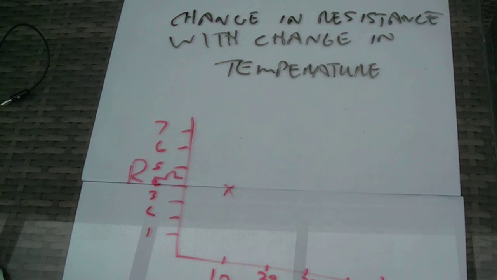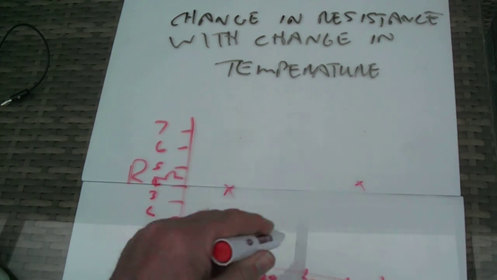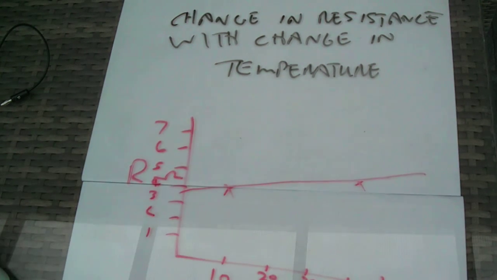So say that was in the winter, and then in the summer it had a resistance of 5 ohms at 40 degrees. So there's 40 degrees there, 5 ohms, and you can see there that there's a sloping line like that.